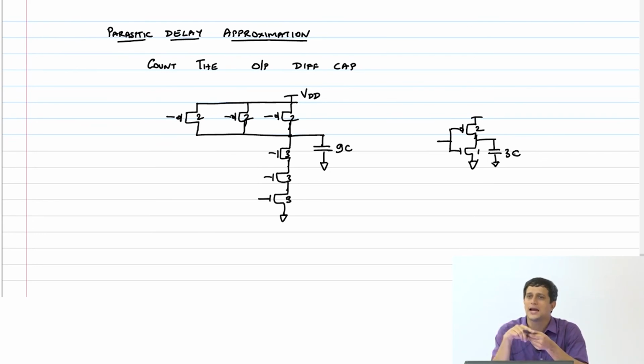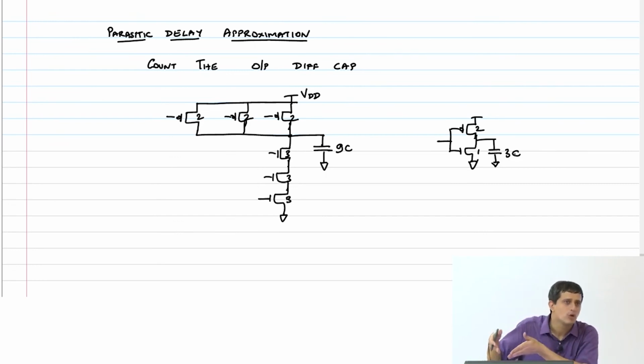And therefore, I don't need to worry about these gory details when I am doing my calculations, whether it's contamination delay or propagation delay or whatever. So it's a very reasonable approximation to make as follows. Count the diffusion capacitance on the output node and divide by the diffusion cap of a reference CMOS inverter. You will get the normalized parasitic delay, right?